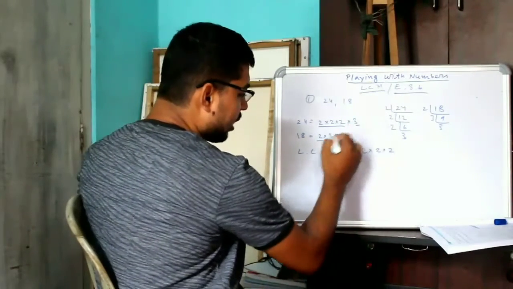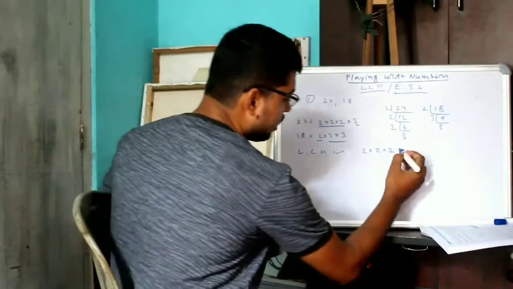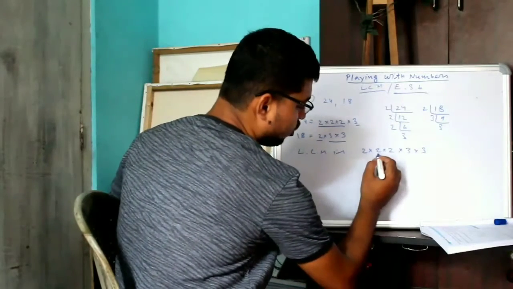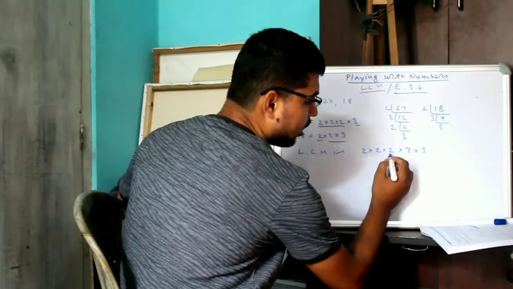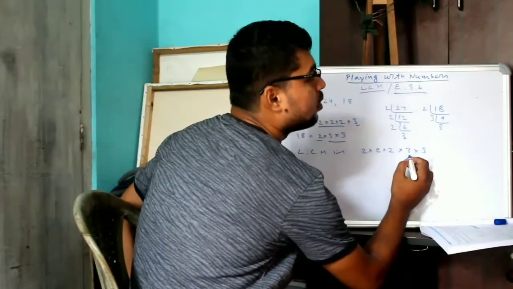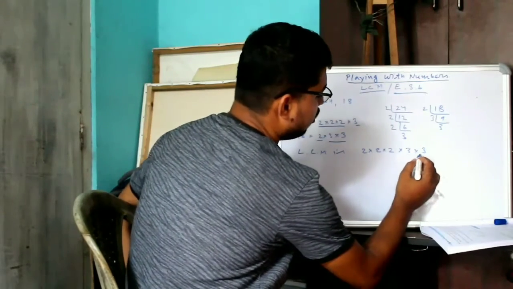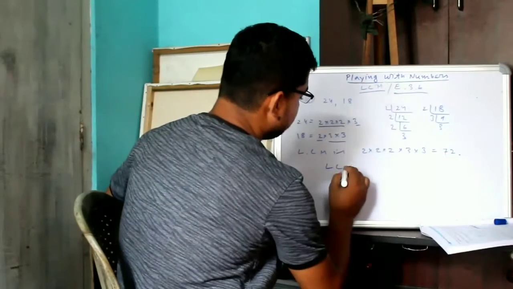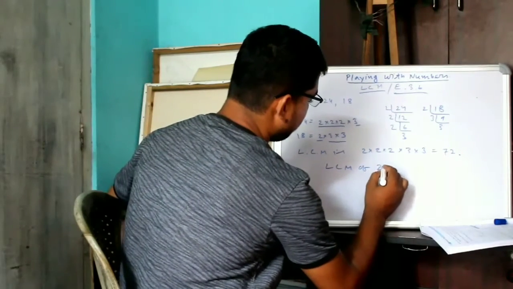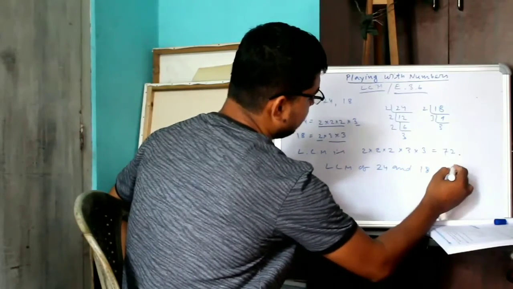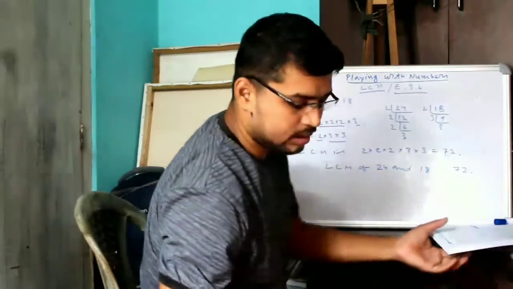Here 3 one time, here 3 two times. So 3 into 3 is coming. So this is the LCM. 2 into 2 is 4, 4 into 2 is 8, 8 into 3 is 24, 24 into 3 is 72. So LCM of 24 and 18 is 72.